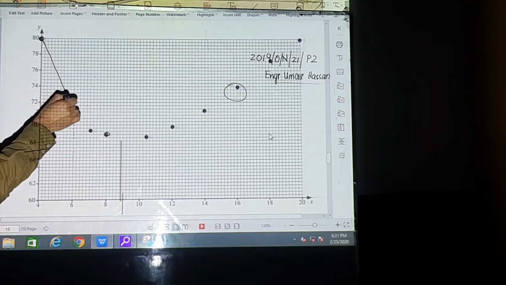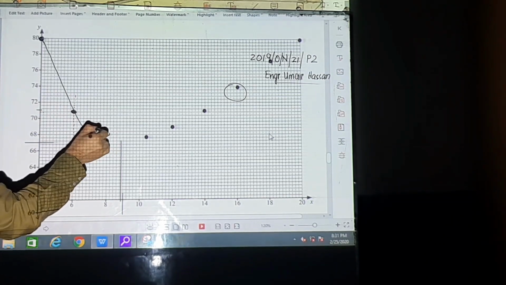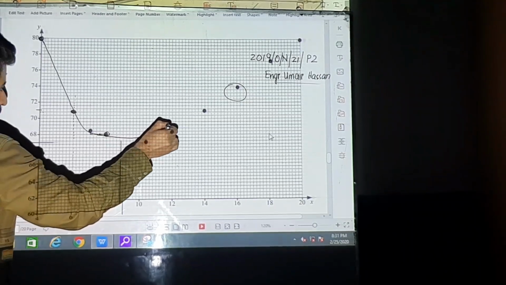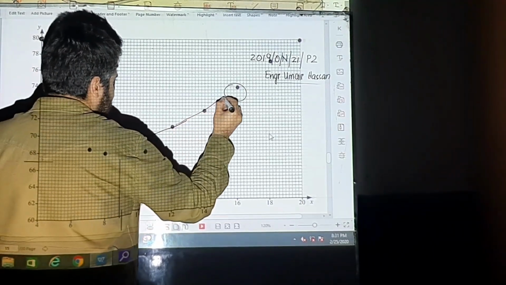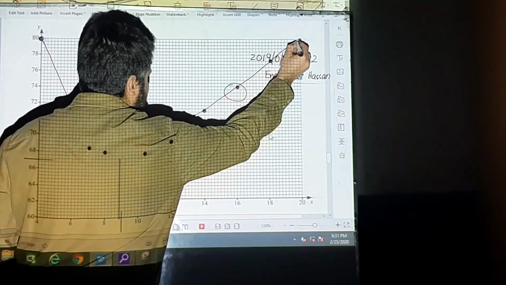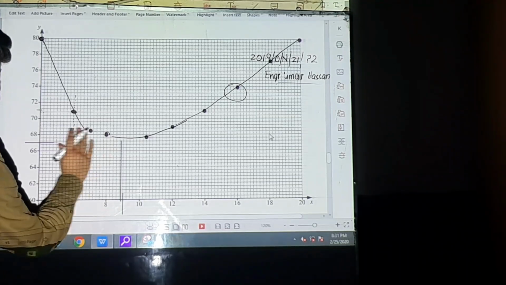The curve should be smooth. I will try my best to make it as smooth as possible. So this will be an approximate curve for the graph.